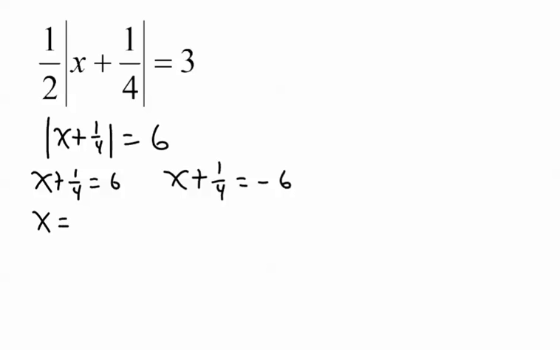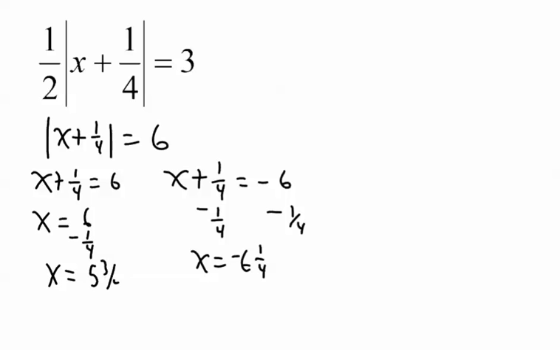So I get x equals 6 minus 1/4, and then negative 6 minus 1/4, so x equals negative 6 and 1/4. This is x equals 5 and 3/4. Okay? Or if you feel better about that, 23 over 4 or negative 25 over 4. Either one works out the same way.